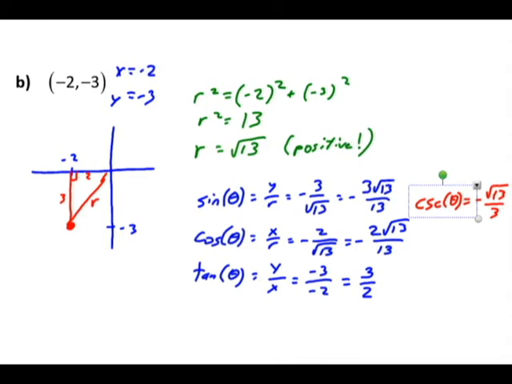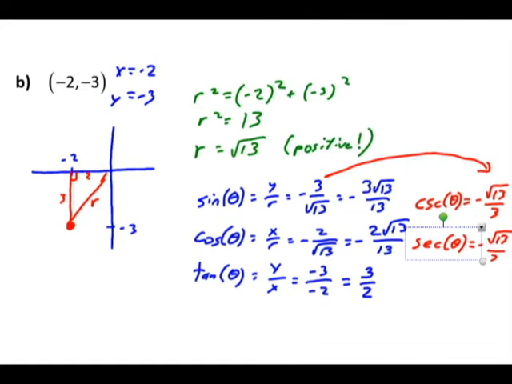Notice that finding the reciprocal functions is much easier if you choose to flip the unrationalized version of sine and cosine. And we're done.